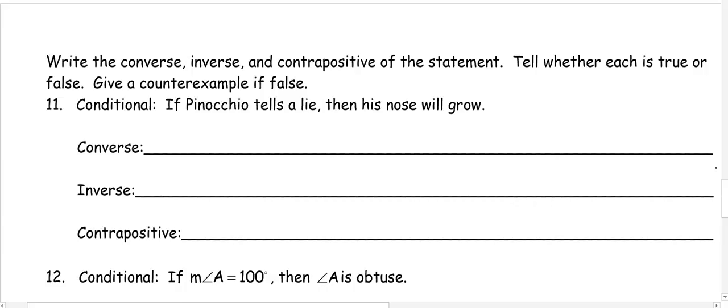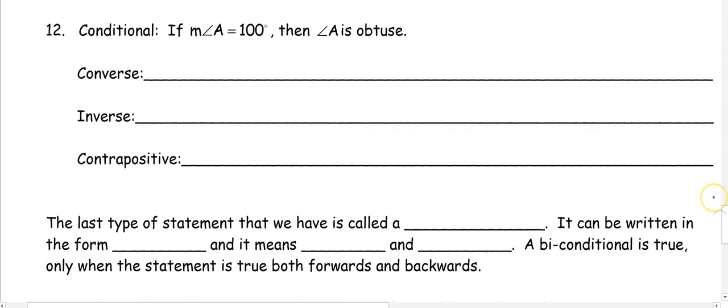So now we're going to practice writing the converse, inverse, and contrapositive statement, and then telling whether each is true or false. If it's false, give a counterexample. So let's look at number 12. Our conditional here is if the measure of angle A is 100 degrees, then A is obtuse. So for our converse, remember that converse, we switch the order.